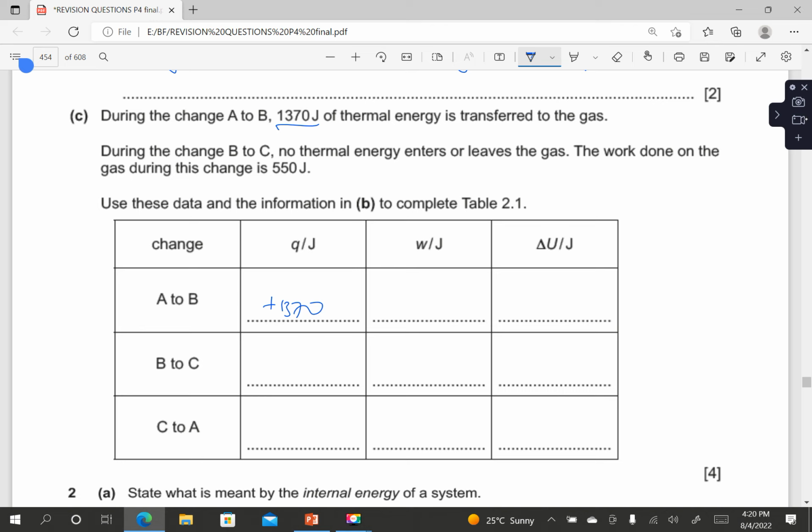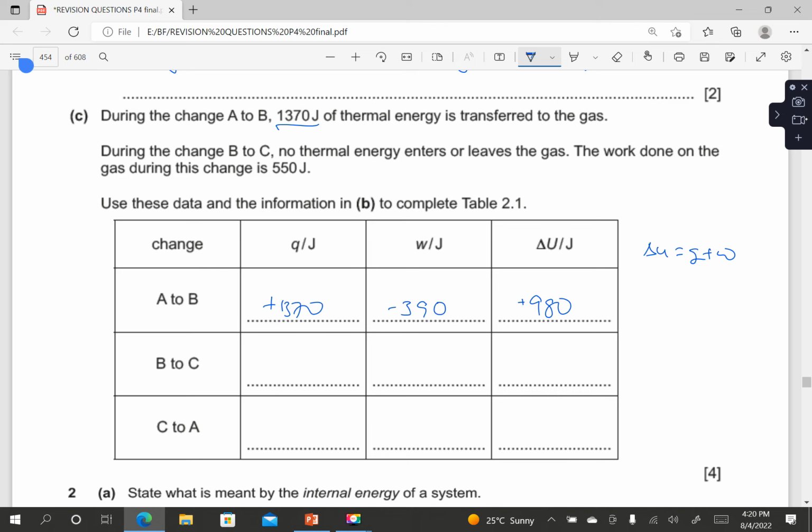But A to B, we have already seen the work done was negative, so this is negative 390 joules. We can find the change in internal energy. Remember, change in internal energy is Q plus W. We just add 1370 plus negative 390. So this is giving me 980, and this is positive.